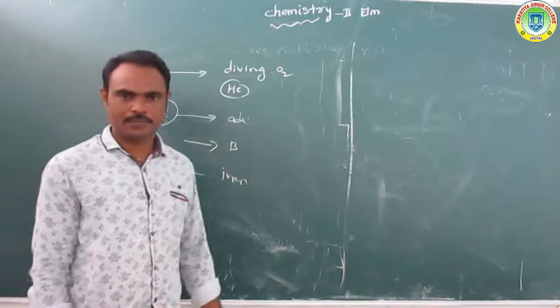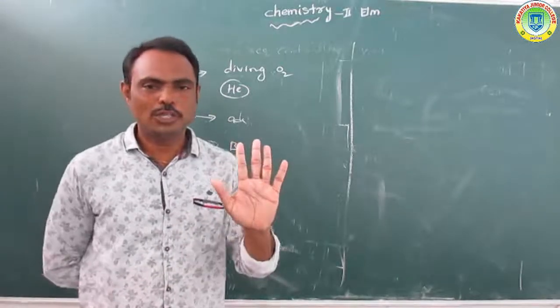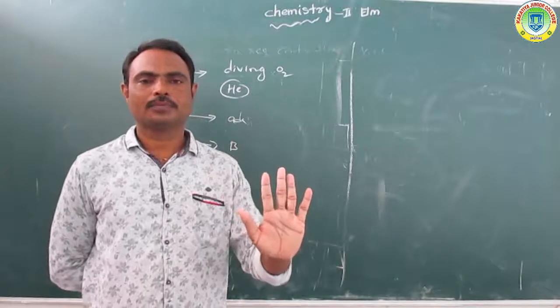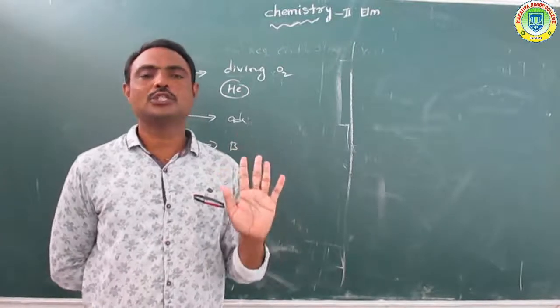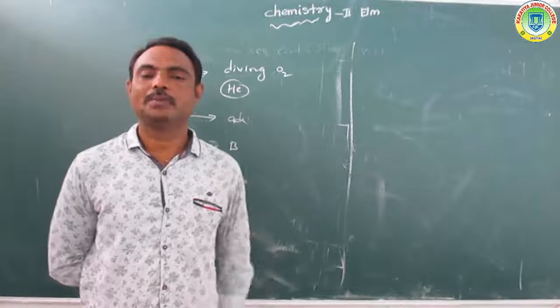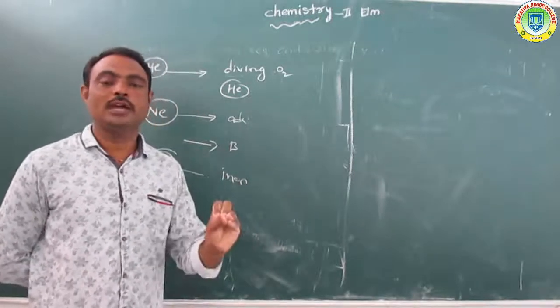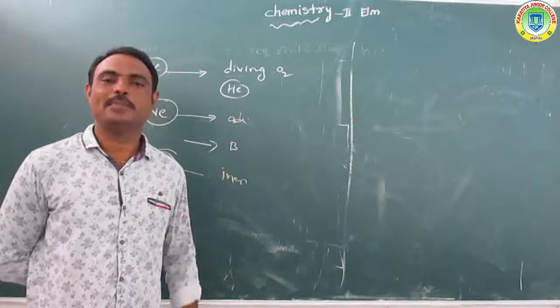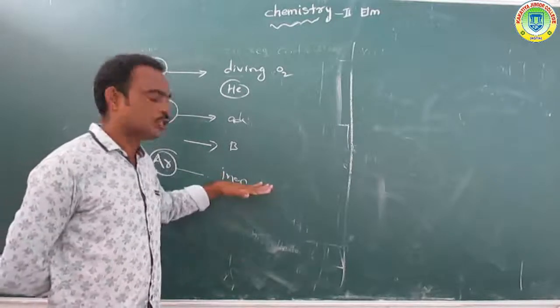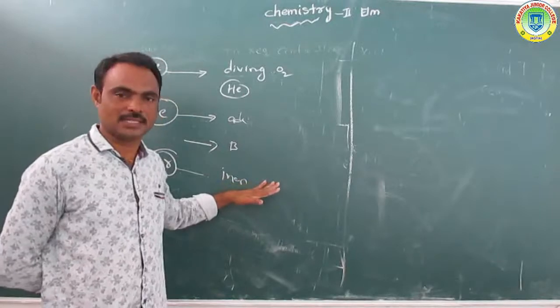So what is the use of argon? It is mainly used in different types of bulbs and in metallurgy to extract metals, as an inert gas.